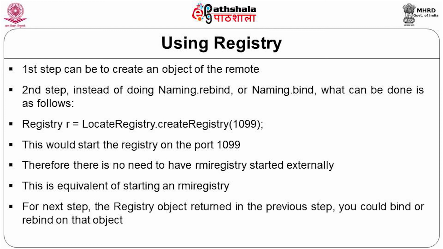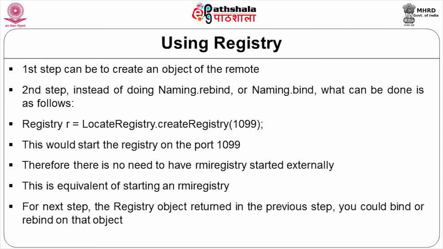So it starts a registry on this port, and therefore there's no need to have an RMI registry started externally separately. If you do this, it will start listening on port 1099, and it's equivalent to starting an RMI registry. And then the third step is to take the registry object returned in the previous step.